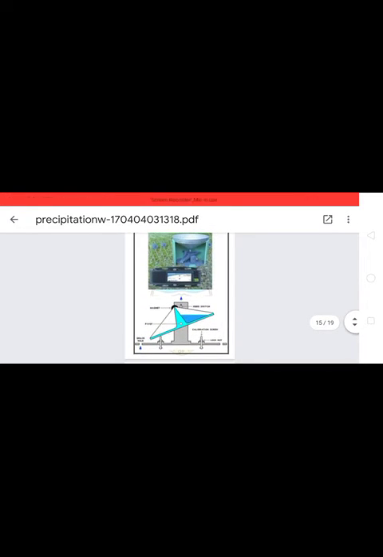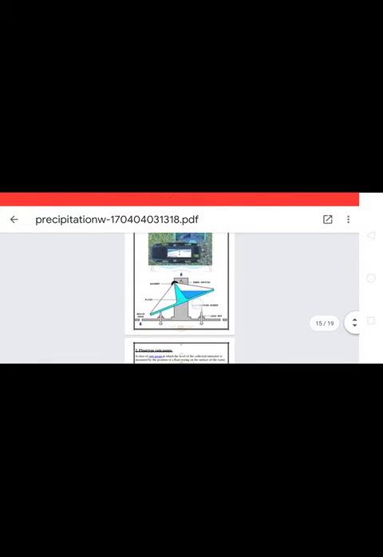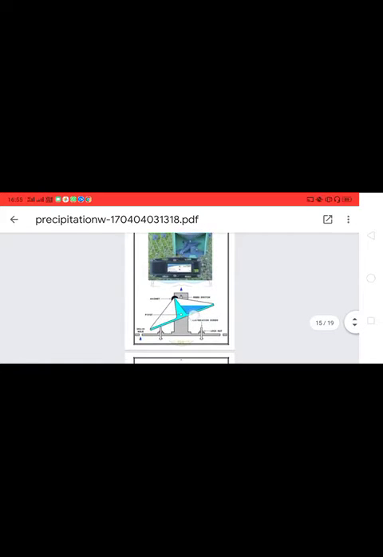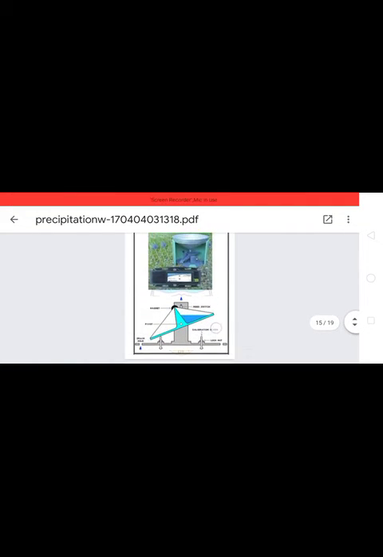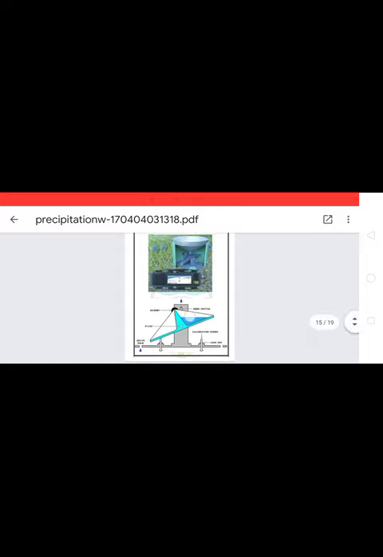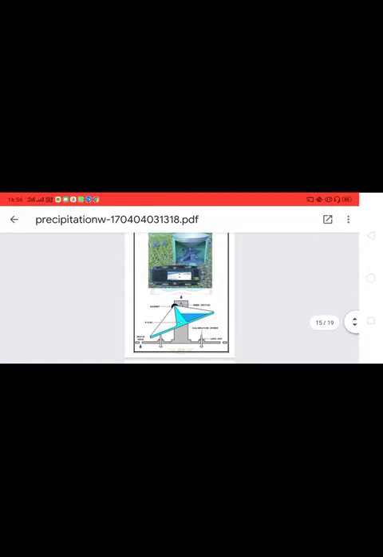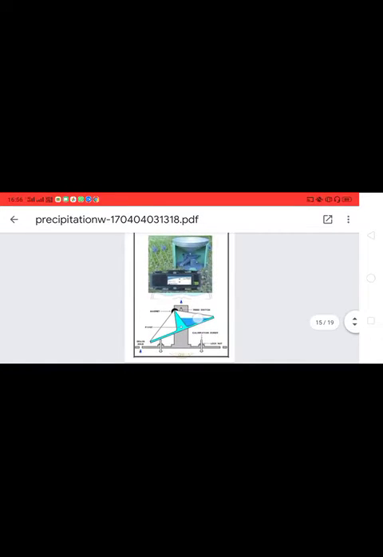Here you can see this is the seesaw bucket type arrangement. This arrangement consists of two buckets, each of which can generally hold 2.5 mm depth of rainfall.